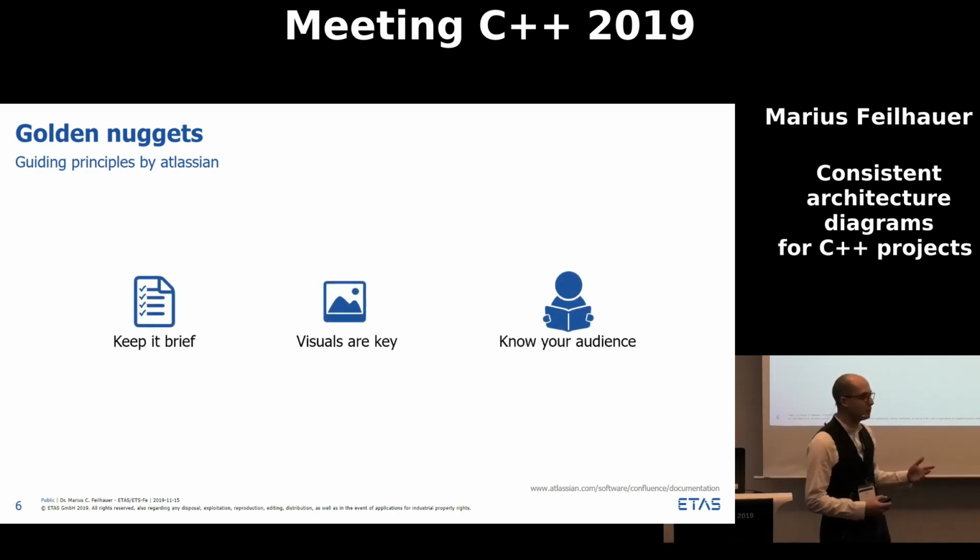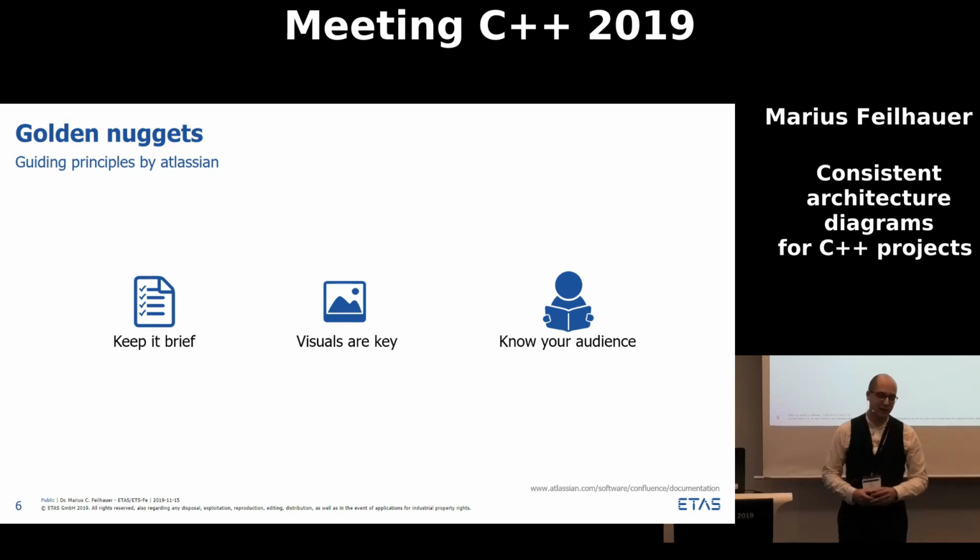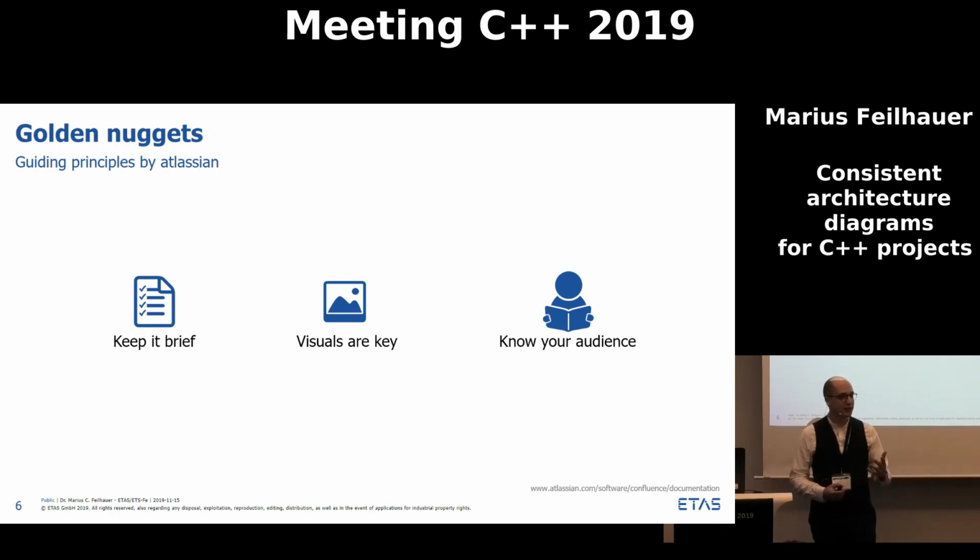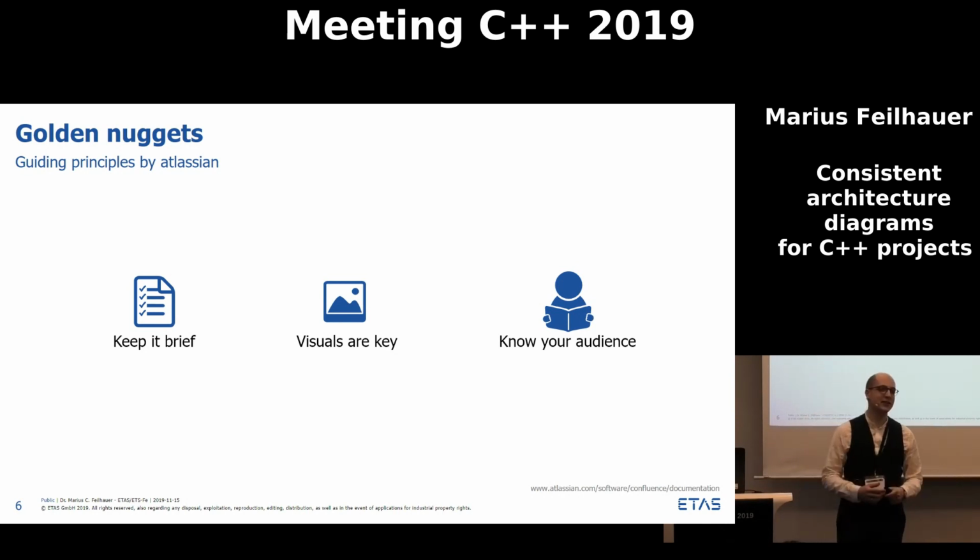On the one hand, keep it brief. I think reading documentation is not something someone does for the purpose of reading documentation, but because he wants to get into the software he's trying to use. So whenever possible, try to keep it brief. Visuals are key, and I couldn't agree more. As you also see on my slides, I'm not a big fan of text.